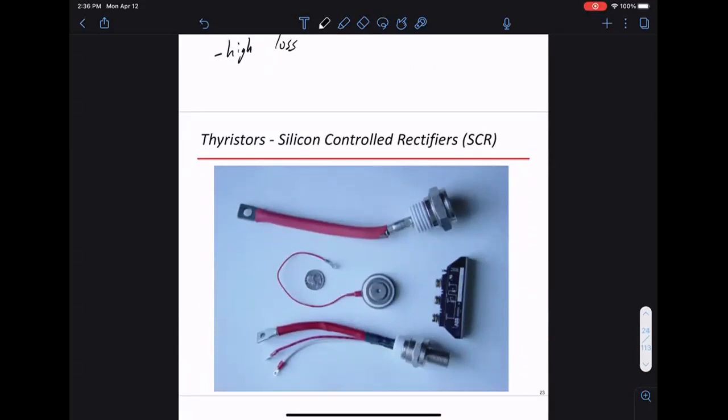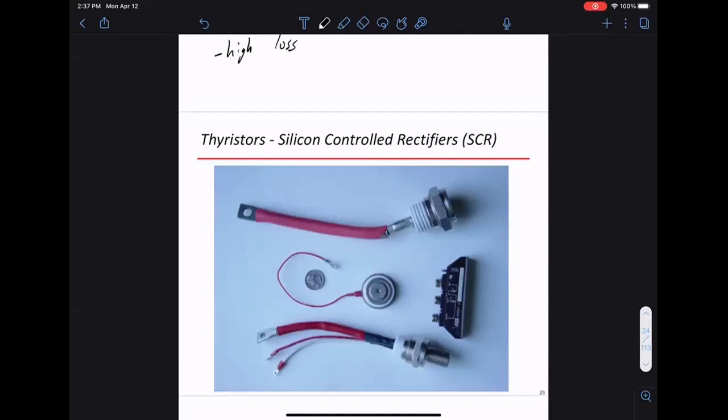We want to avoid the situation where, when the switch is on, we always put in current, which leads to high loss. So you see things like SCR, silicon control rectifiers. This is a device that allows you to turn on without keeping the current going all the time.